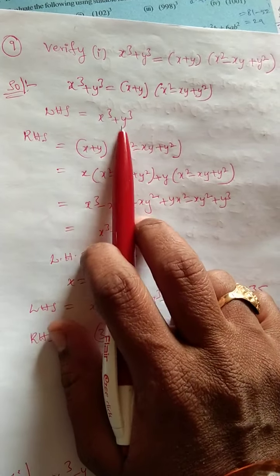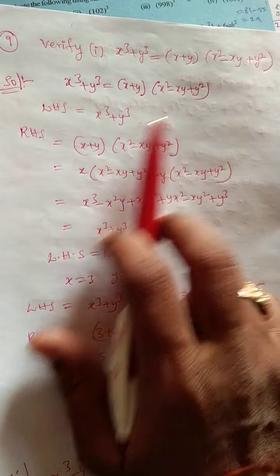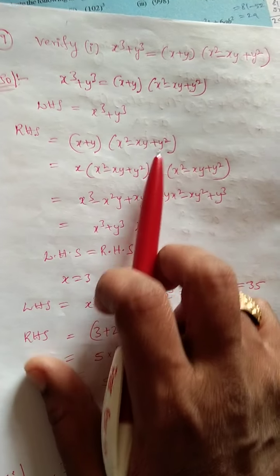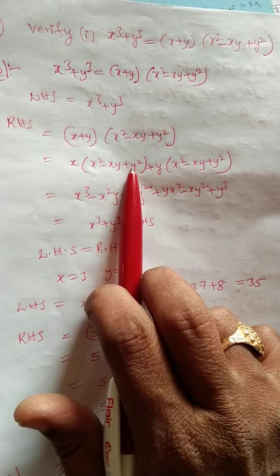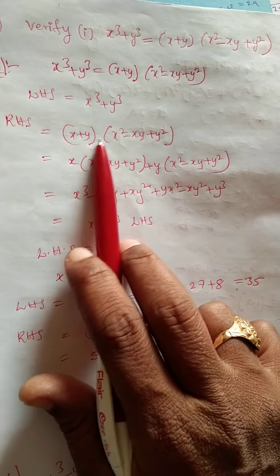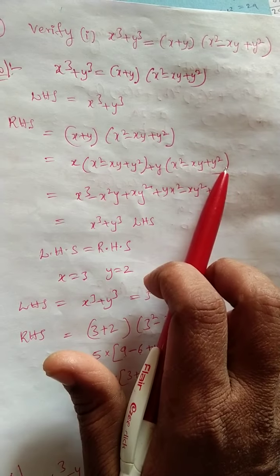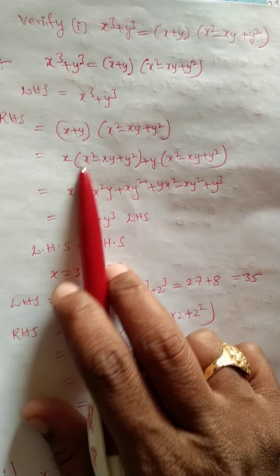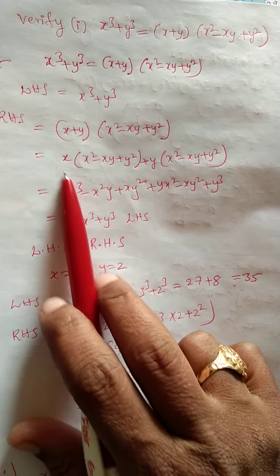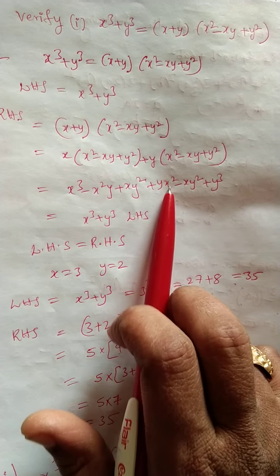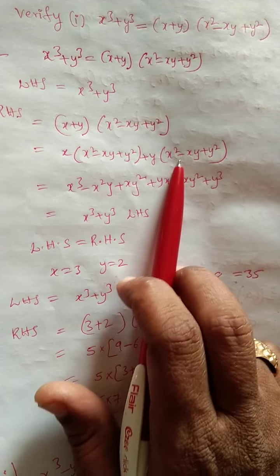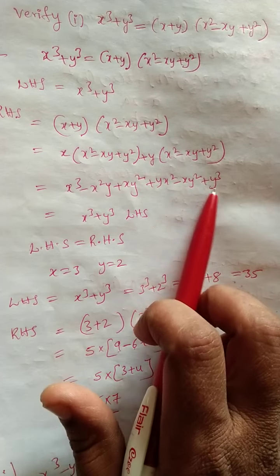LHS is x cube plus y cube. RHS is (x plus y) into this. First, multiply this whole bracket with x, and again this whole bracket with y. Now x into x square is x cube, minus x into x square y, plus x into y square, plus y into x square, minus x into y square, plus y cube.